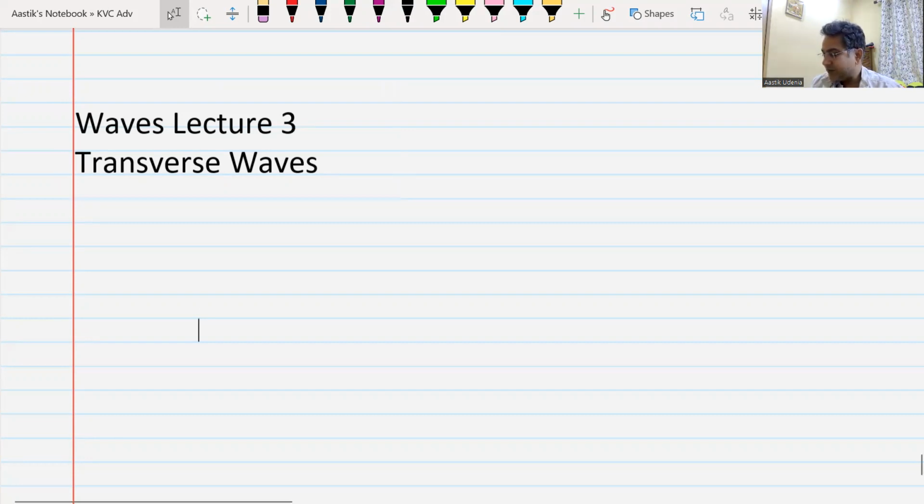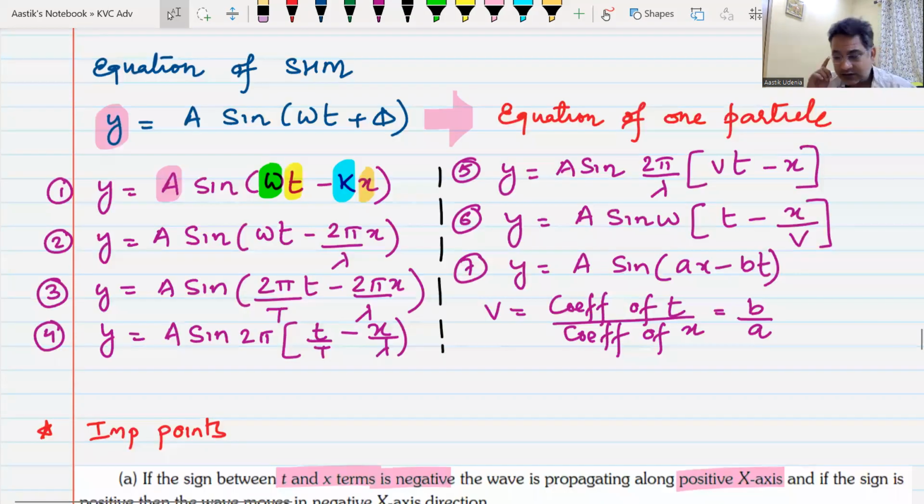And remember, the most important aspect of this chapter is understanding the wave equation. If you understand the wave equation, a question from this part is more likely to come from this wave equation part, or it will be from the part of standing waves where we talk about harmonics and overtones.